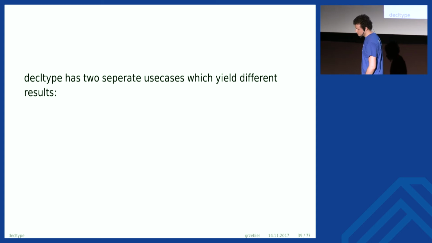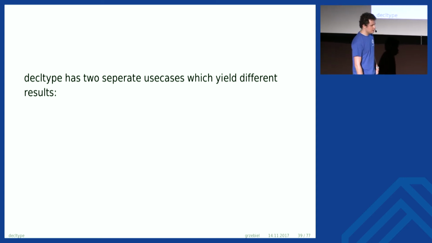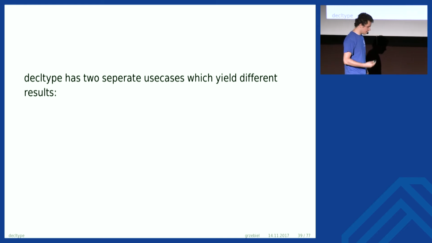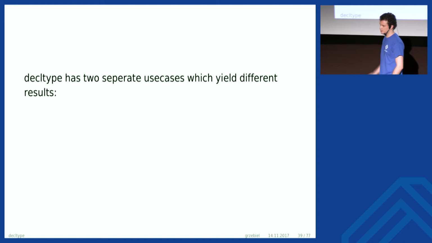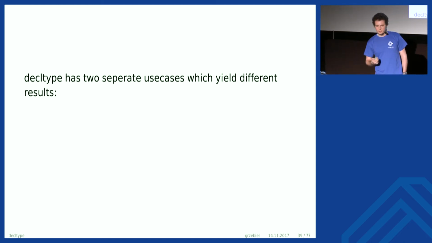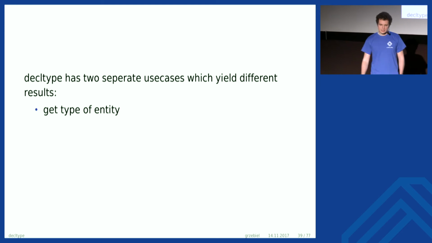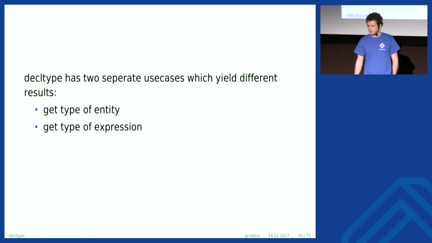Okay, so you probably are all already familiar with that. I want to explain these additional parentheses, why they cause a reference to be returned, not a direct type. So decltype has two different use cases. The first one is to get the type of an entity, and the second one is to get the type of an expression.